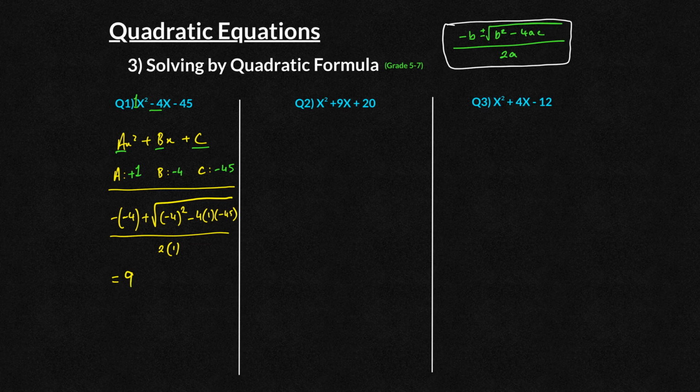And for the other solution, I'll do it in a different colour. Negative 4 minus this time the square root of negative 4 squared minus 4 times 1 times negative 45, all over 2 times 1. Put all of that into a calculator and you'll get negative 5 as your solution.